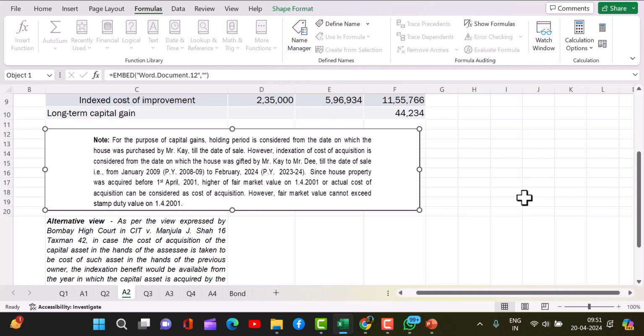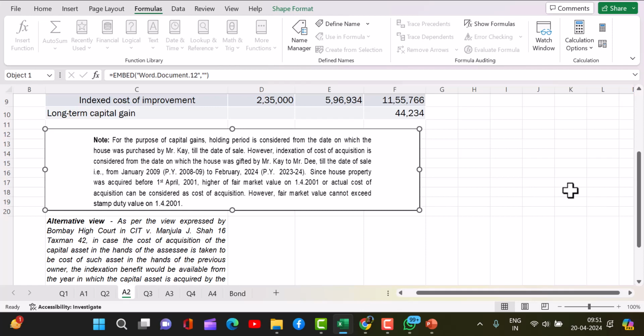However, indexation of cost of acquisition is considered from the date on which the house was gifted by Mr. K to Mr. D till the date of sale, that is from January 2009, previous year 2008-9, to February 2024, previous year 2023-24. Since the house property was acquired before 1st April 2001, the higher of fair market value on 1st April 2001 or actual cost of acquisition can be considered as cost of acquisition. However, fair market value cannot exceed stamp duty value on 1st April 2001.